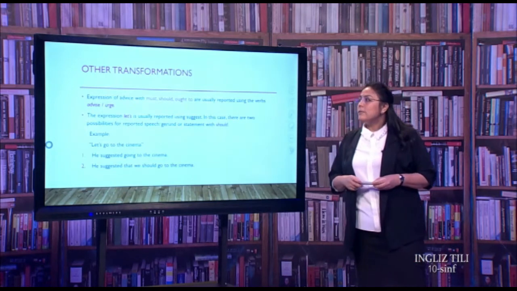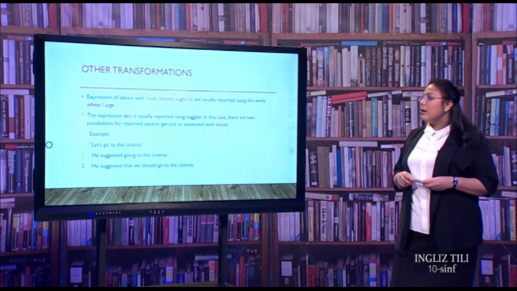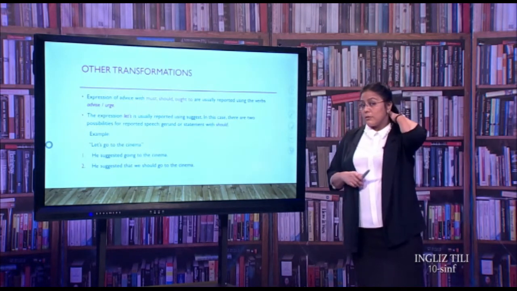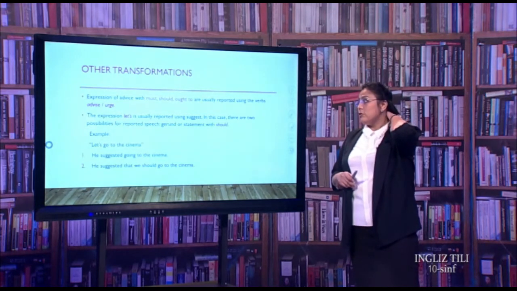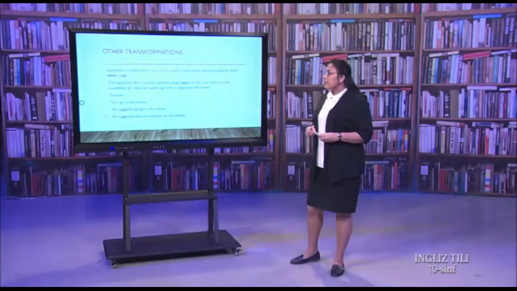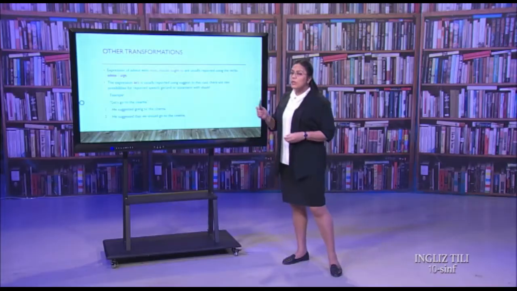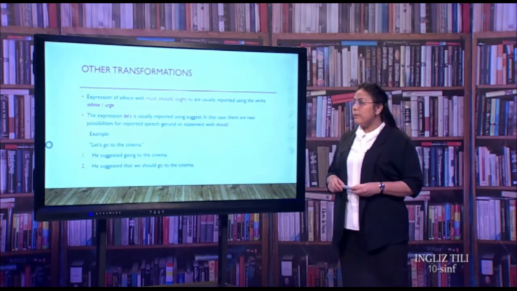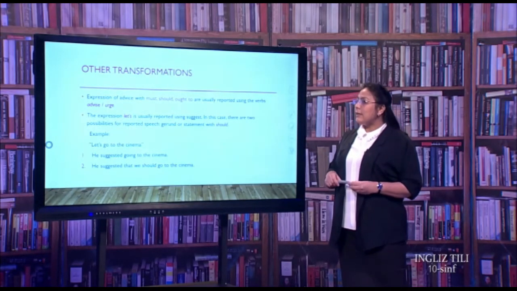So, other transformations. Expression of advice with must, could, ought to. We usually report using the verbs advise or urge. That means instead of using must, should, ought to, we just use advise or the word urge. Next, the expression let's is usually reported using suggest.